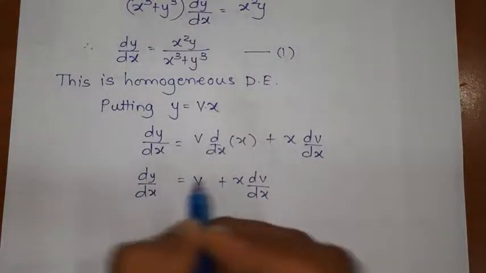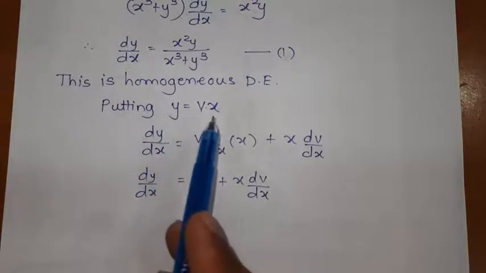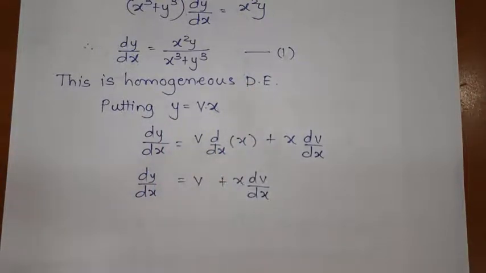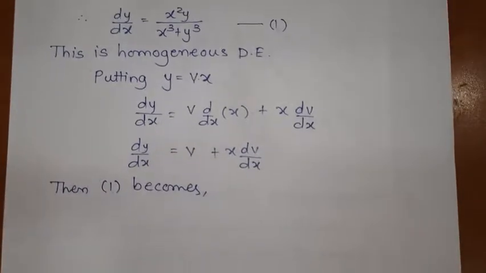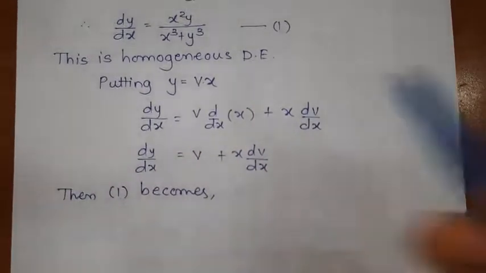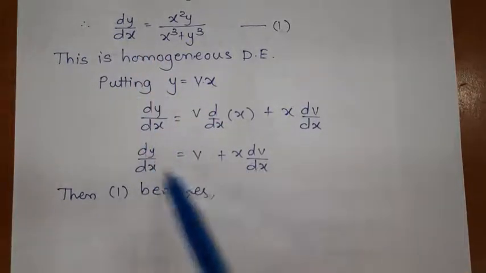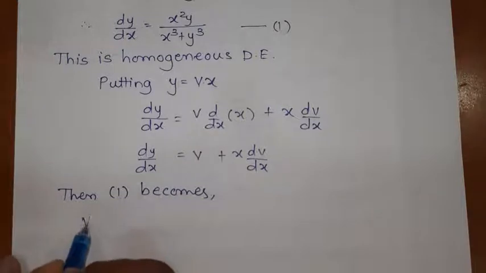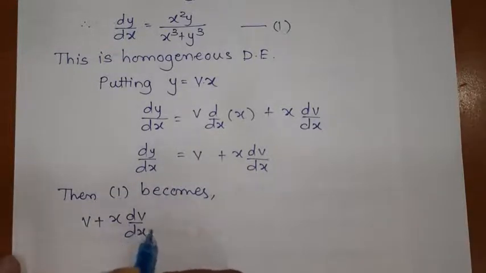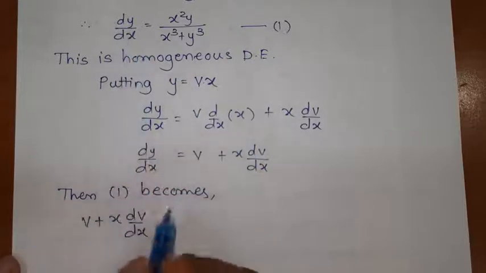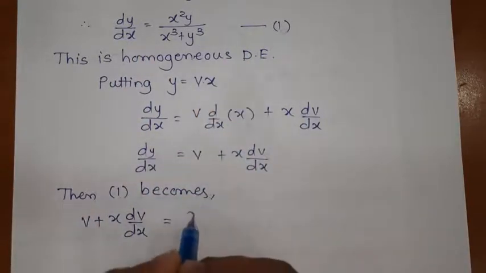We are getting it now. So dy by dx is equal to this one, and we have to put y is equal to vx in equation number 1. So I will write, then equation 1 becomes, will you tell me what I am supposed to write? See, dy by dx, what is its value? This value I will put. So therefore v plus x dv by dx is equal to x square, right?